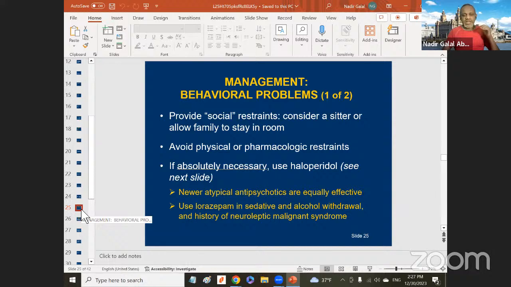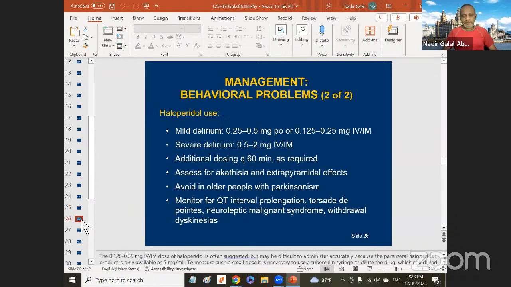So you want to avoid any Foley catheters, any IV fluid access, because they cannot pull this out and they may injure themselves. If you really want to use something, maybe you can use Haldol. It's an antipsychotic, and this is when the patient is at risk for themselves or for others. These are doses that can be used for behavior problems if the patient is aggressive.